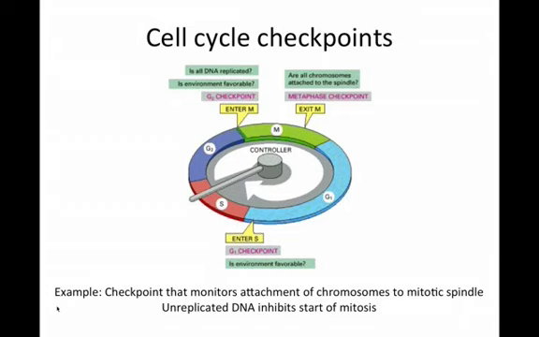Another thing is if your DNA is not completely replicated because of DNA damage, that also is going to activate a checkpoint and inhibit the beginning of mitosis. So these are all points to ensure that the cell cycle does not progress if conditions are not favorable or if there's damage.